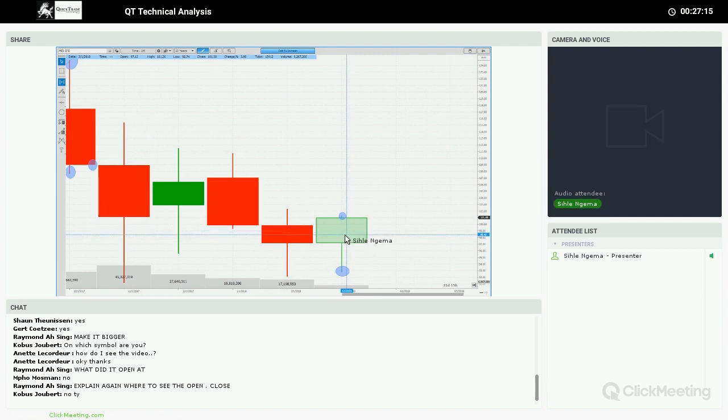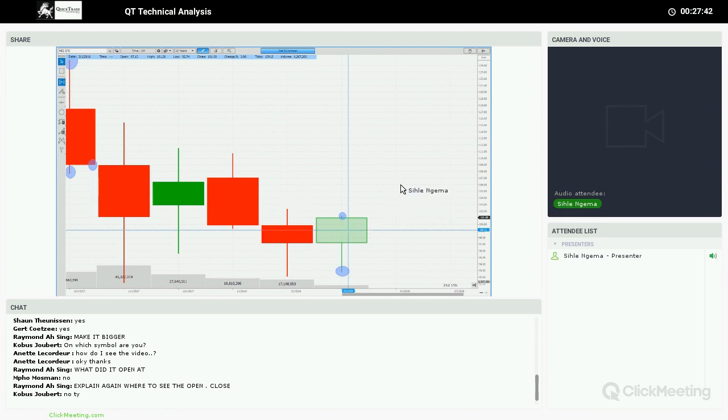Now, as I put my cursor here, I can see that Mediclinic for this month, the opening price was 97.13, the highest price was 101.26, the lowest price reached was 92.74, and the closing price is 101.